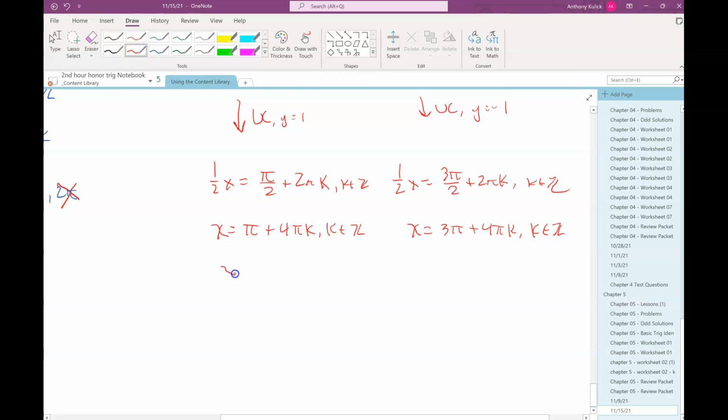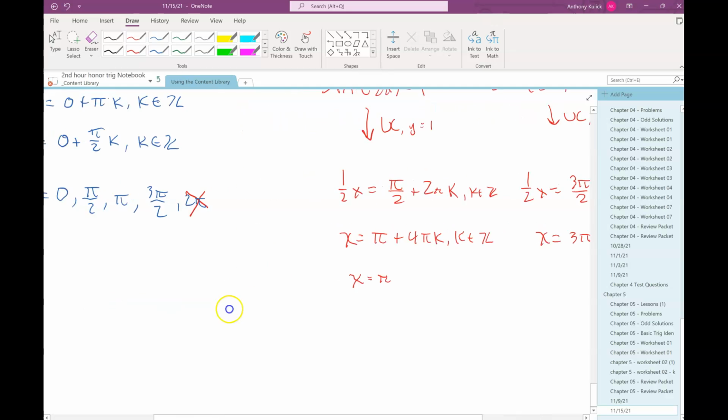That's fine. So my base answer here is pi. If I subtract 4 pi from this, I get something negative. Definitely don't want that. If I add 4 pi to this, definitely too big. So that's the only solution there.